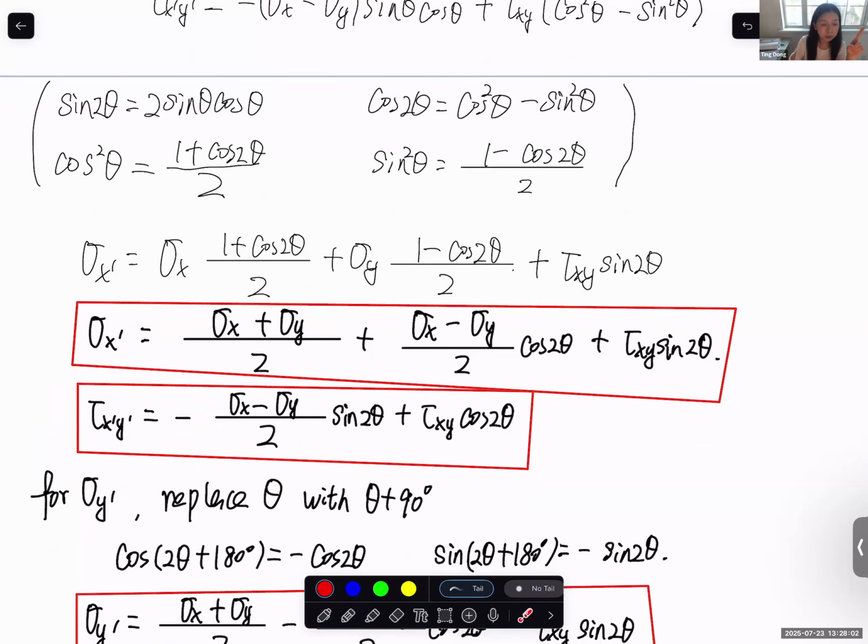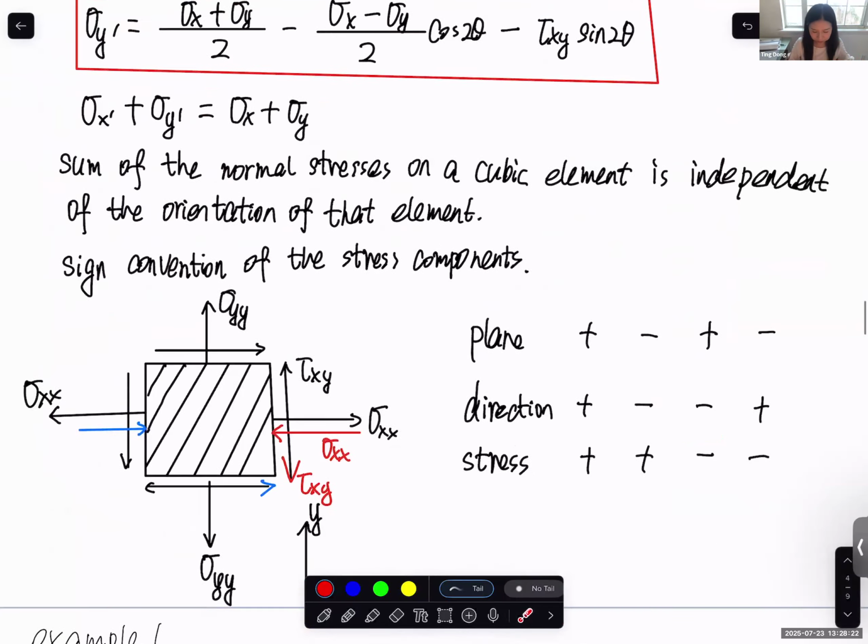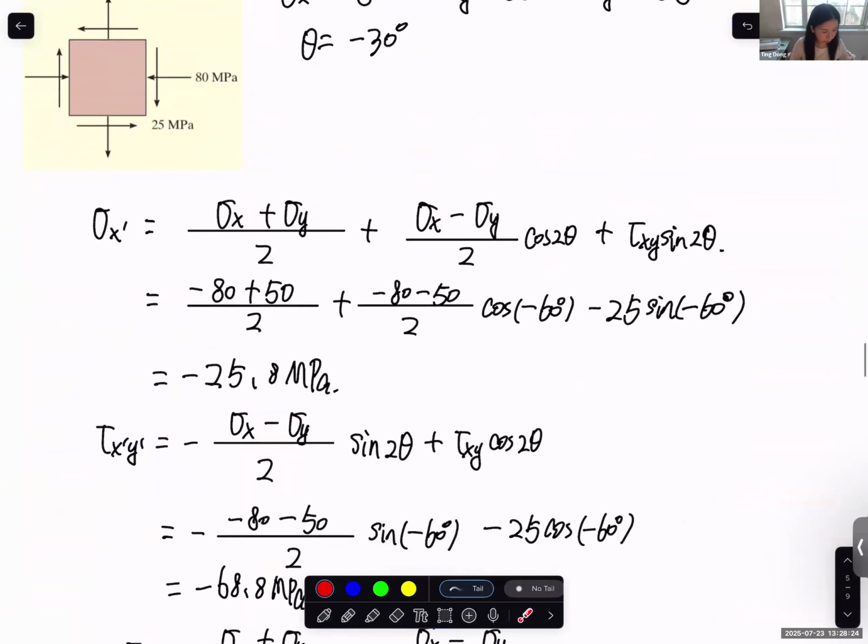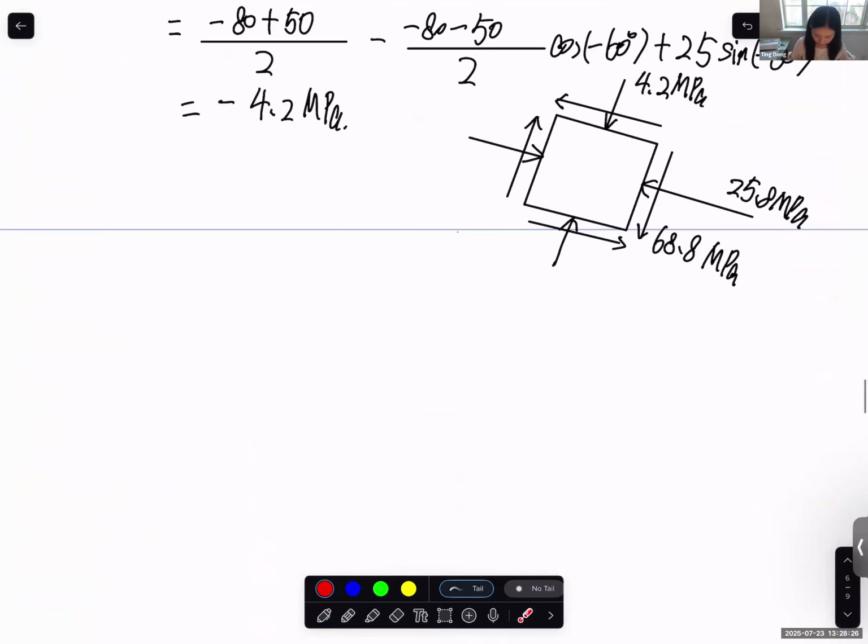Same thing, if it's ductile material, if we have d tau d theta equal to 0, that is the orientation of the square element at which shear stress reaches maximum, and then we know that ductile material will fail on that plane. So this is the idea of the principal stress and the maximum shear stress. It's in chapter 7.1b.